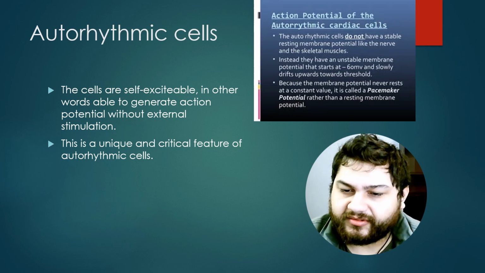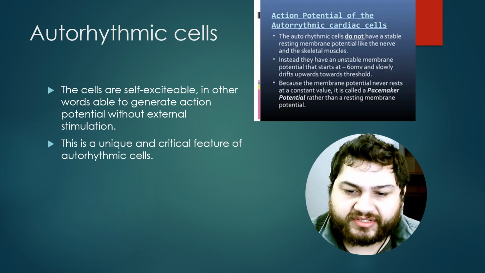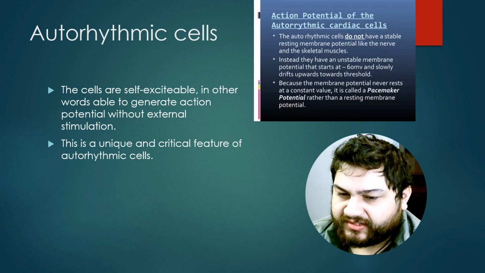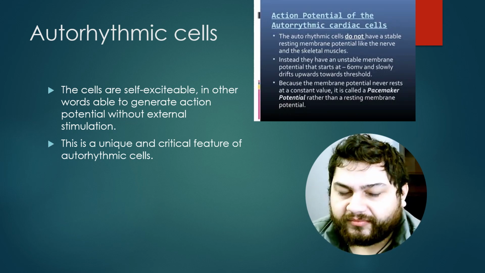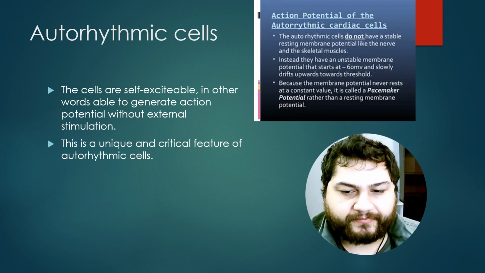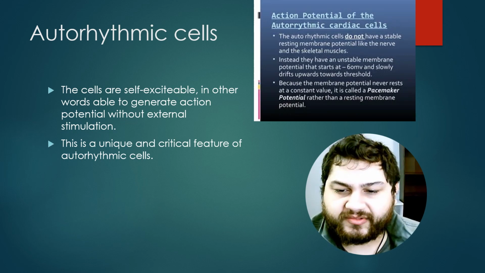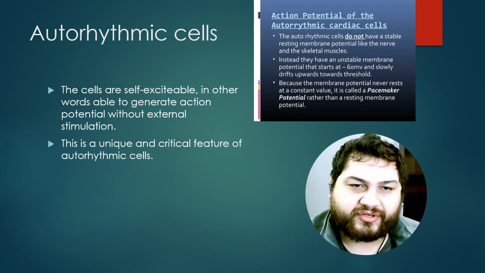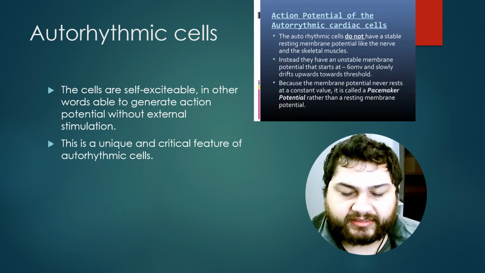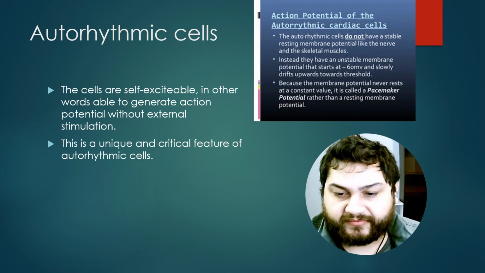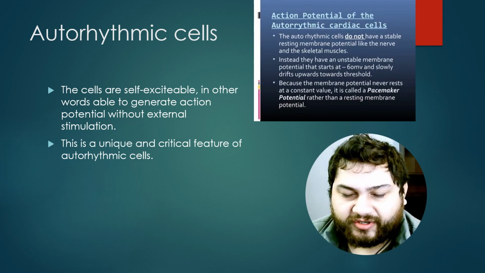That's something that's quite unique to them. Most other cells, especially cells with any kind of electrical neural input, typically need a catalyst or something to jumpstart or trigger a reaction to get them going. So that in and of itself is quite unique and amazing.